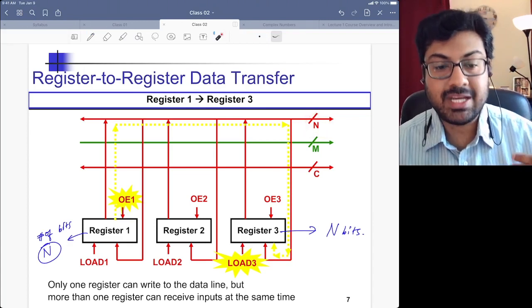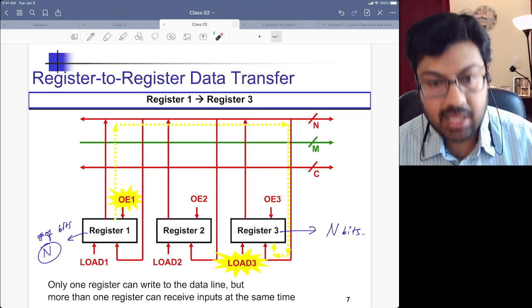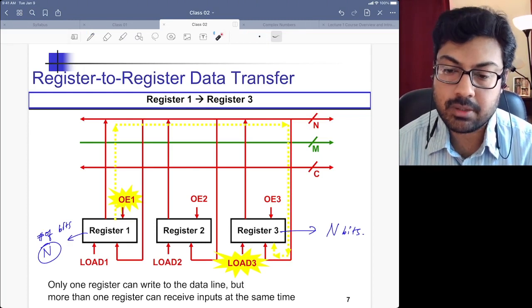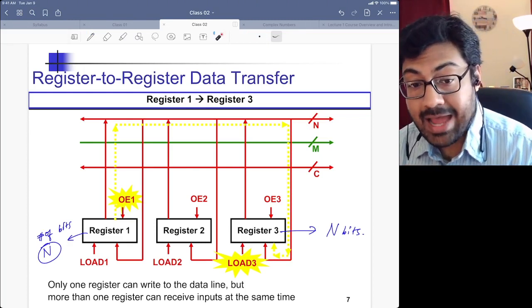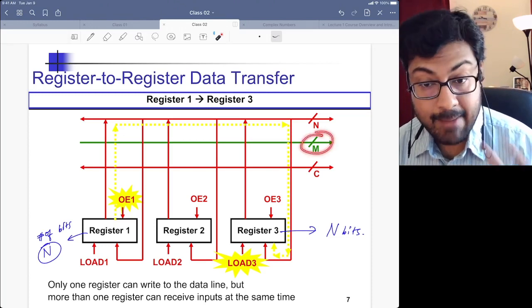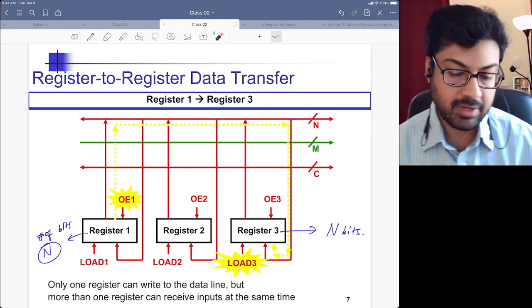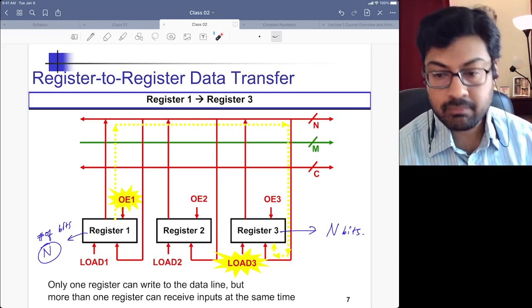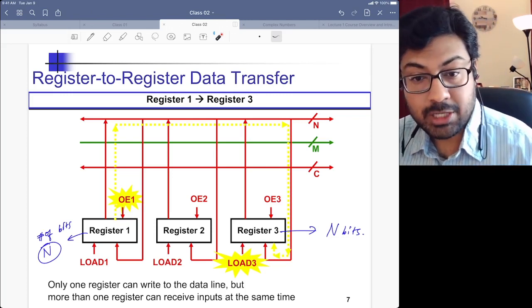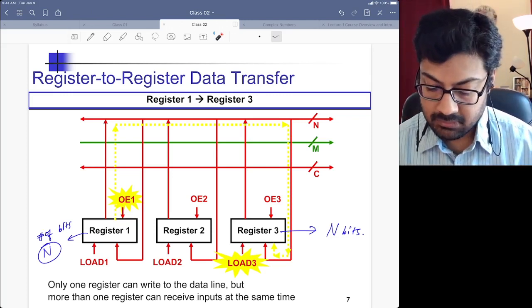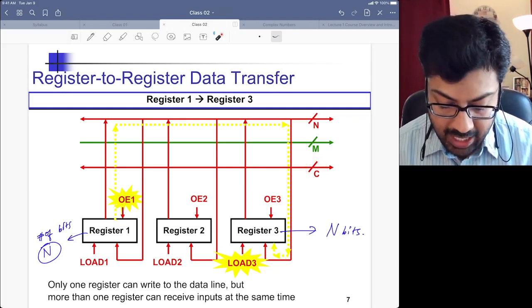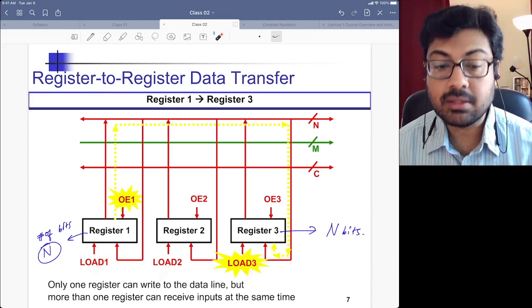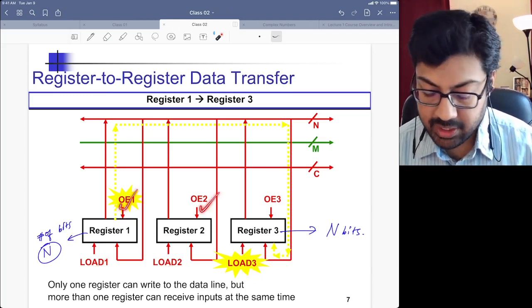So in terms of register 1, 2, 3 and the data bus, they all need to be consistent. But in terms of addresses, we are going to have an m-bit address that we can read from or write to with respect to the memory. And then we have C control lines. 3 of them are load 1, load 2, load 3. And the other 3 of them are output enable 1, 2, and 3.